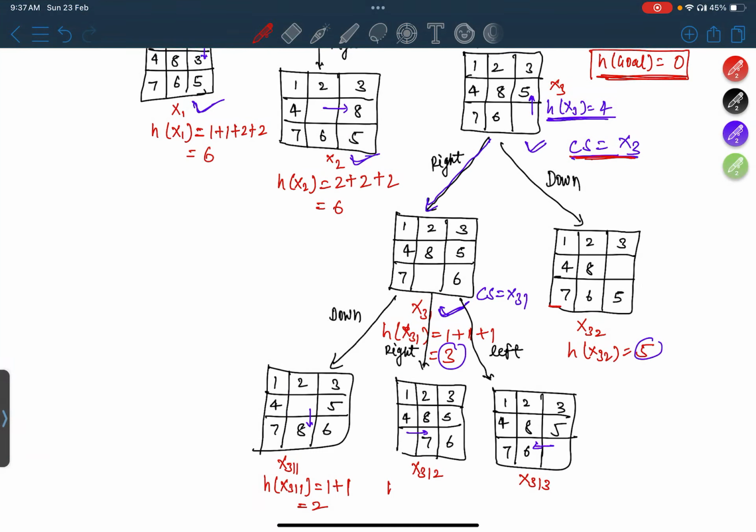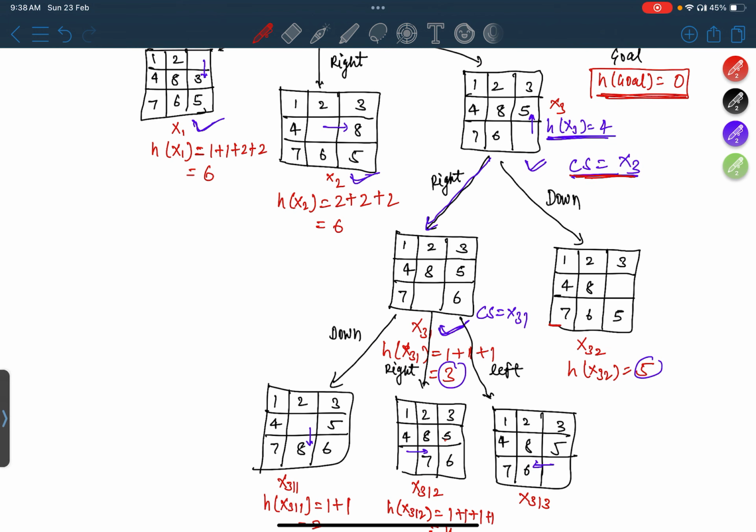तो h of x312 will be 1 plus, और कौन कौन से 5 is farther away 1, right? 7 is one farther away, and 6 is one farther away, which is 4. and इसके लिए क्या आ रहा है? इसके लिए भी this was the same, so 4.